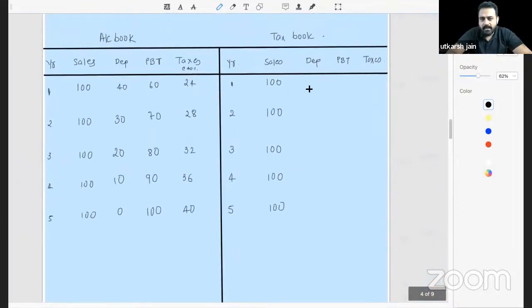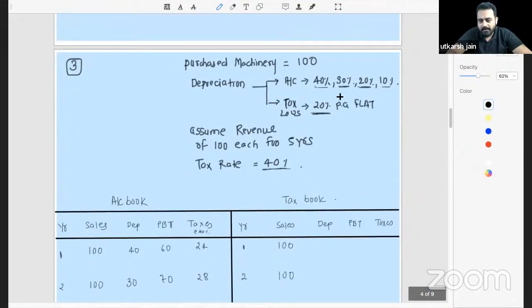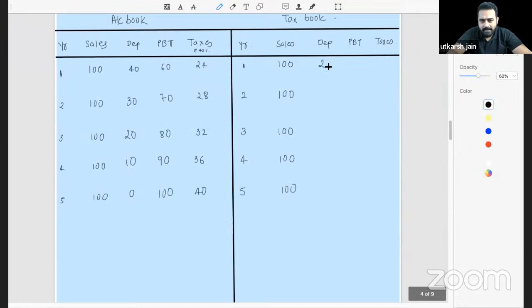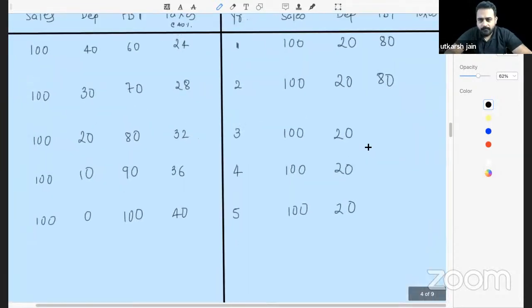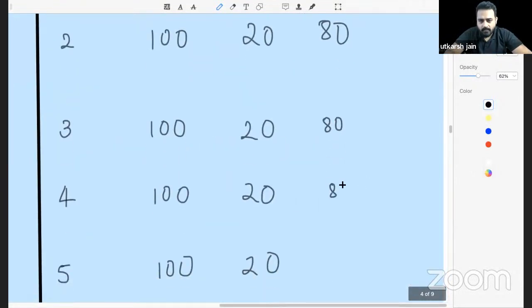So depreciation every year we charge how much? 20% of 100, we're going to charge 20, 20, 20, 20, and 20. Profit before tax is going to be 80, 80, and 80.